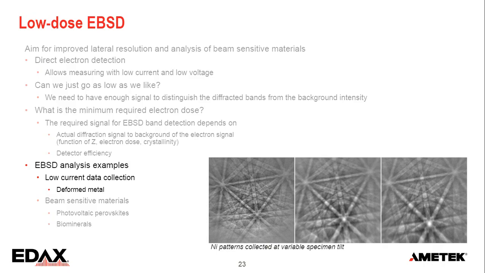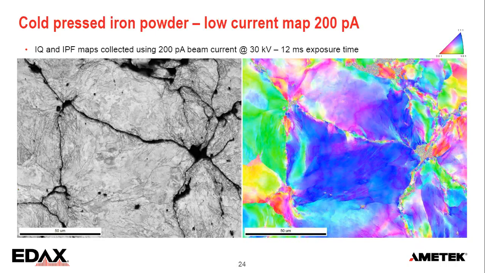Now, having said all that, looking at the direct electron detector and at how many electrons we need to get the data, some examples. Let's start with some metals. Of course, you don't need low dose for a material like this. You can just blast it with a high current if you want to.